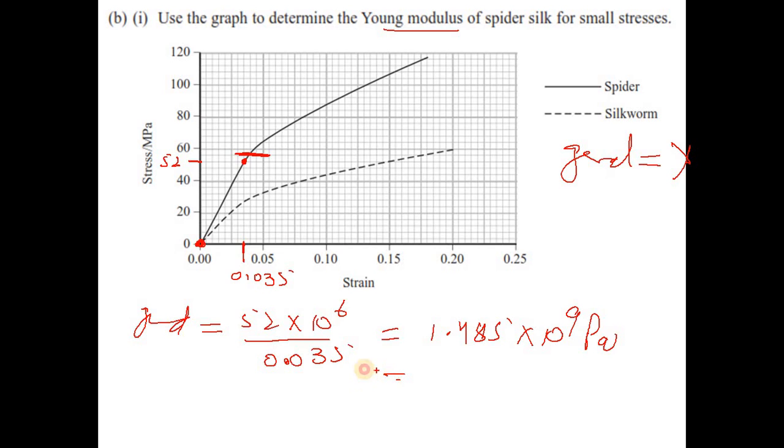So gradient or Young modulus is 1.49 times 10 to the power 9 Pascal, and 10 to the power 9, if you wish, you can say it is a giga.